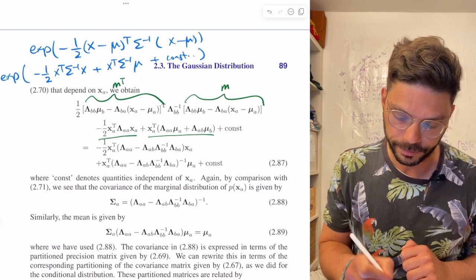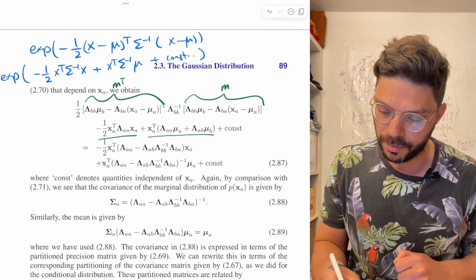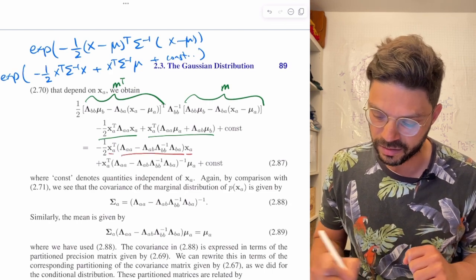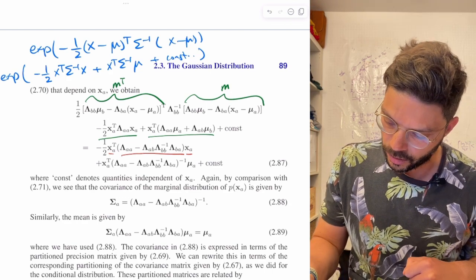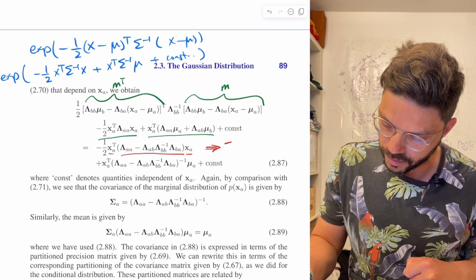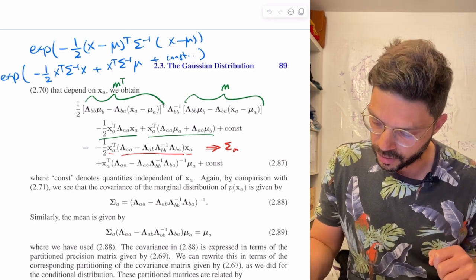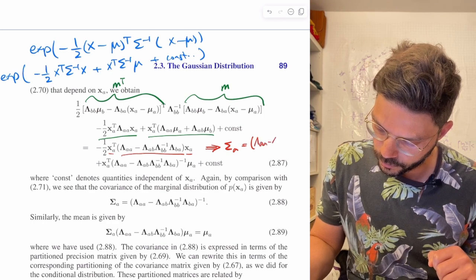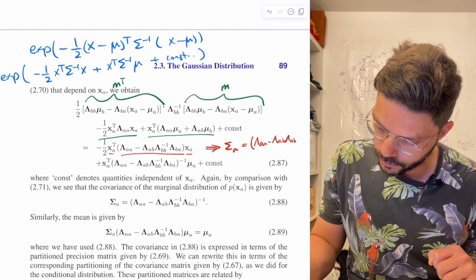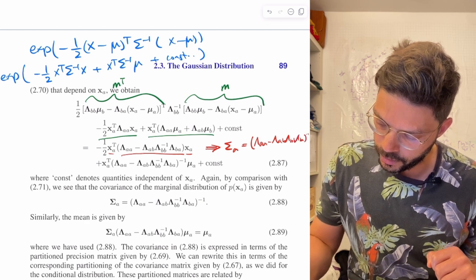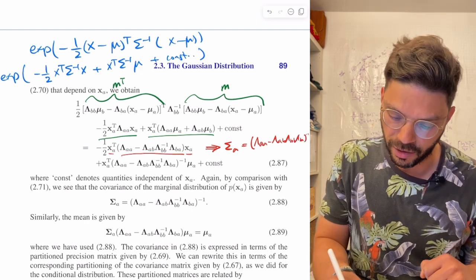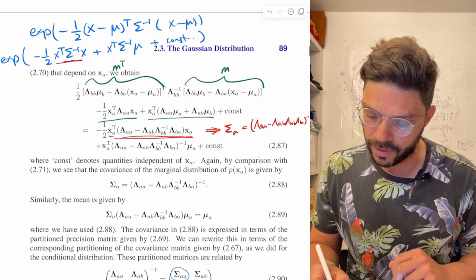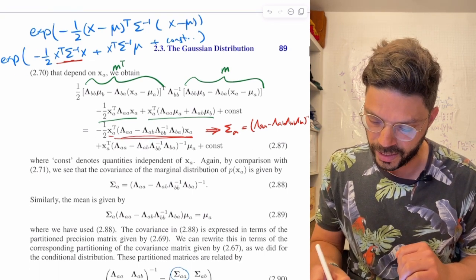And lo and behold, what do we have? We've got x of a transpose times something times x of a, which tells us, just by reading it off and comparing to this, that our covariance is going to equal this to the power of minus 1. Then we've got the second term, which is x of a, again terrific.